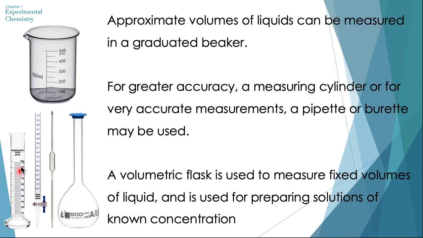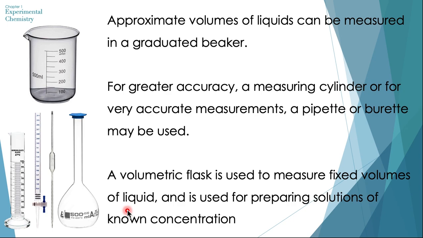Then we have the measuring cylinder, which is a very accurate measuring device. But for even more accurate measurements, a pipette or burette is used. A volumetric flask is far more different from all these. This is used to measure fixed volumes of liquid, and it is also used for preparing solutions of known concentration. So with a volumetric flask, everything is known and fixed.